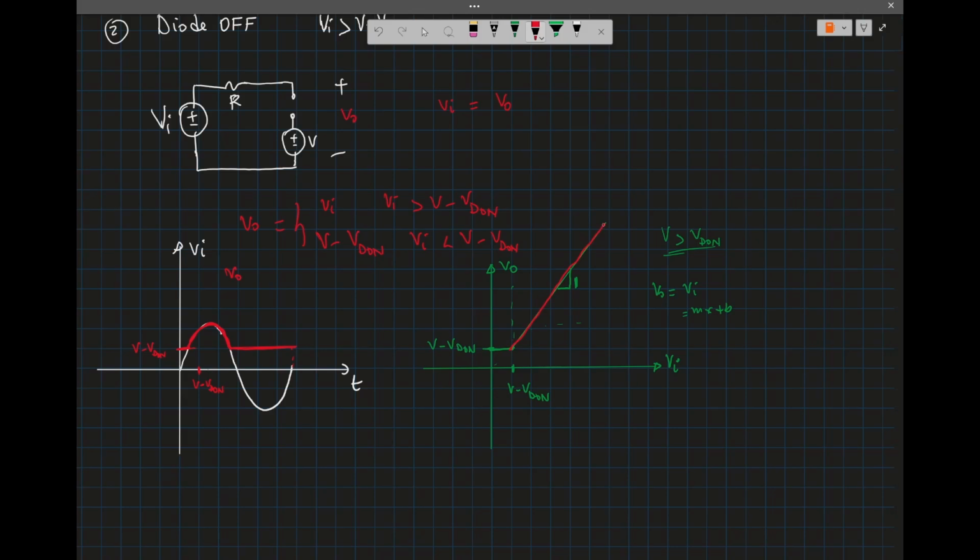It's not drawn very nicely, but that would be the transfer characteristic.